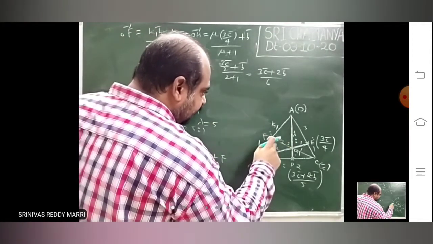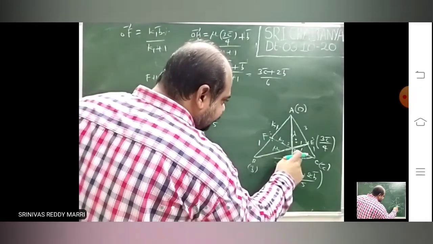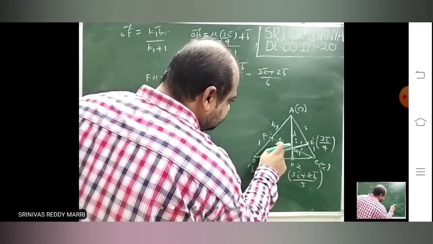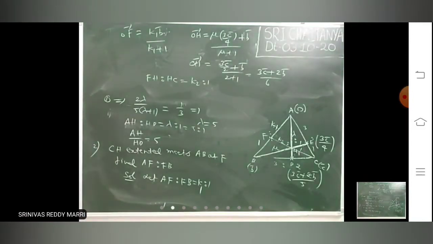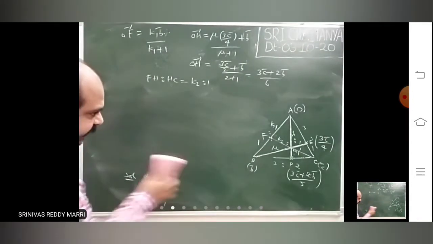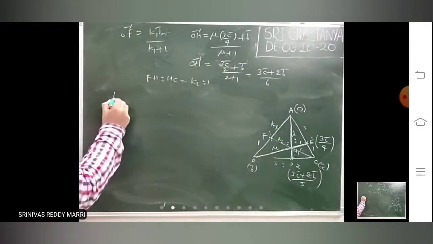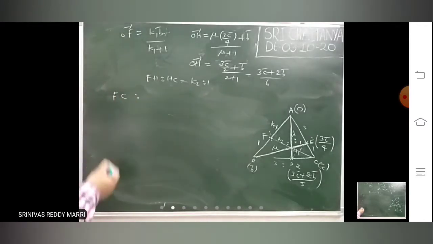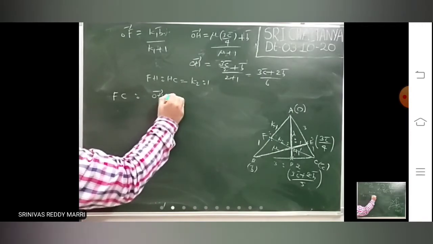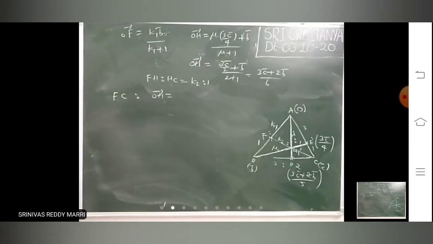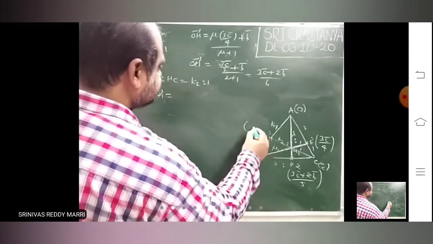K1 is to 1 taken, F already known. So now H I can write from FC bar. FC you take, and I want to write position vector of H, OH bar equals to, so this F you know, this F is what?